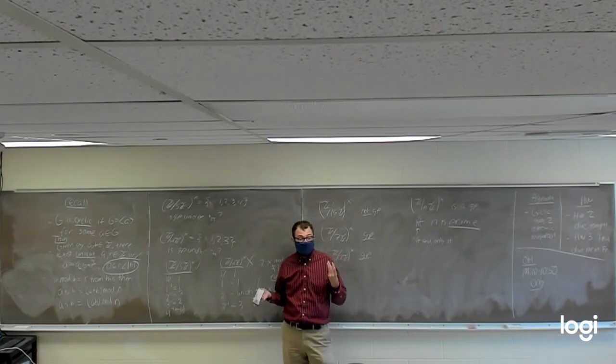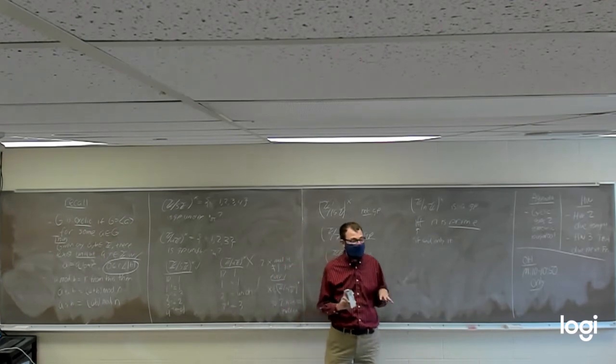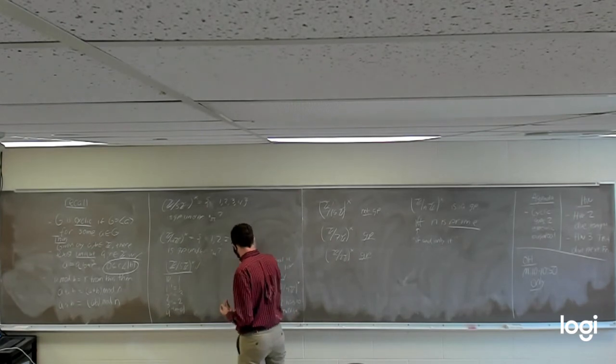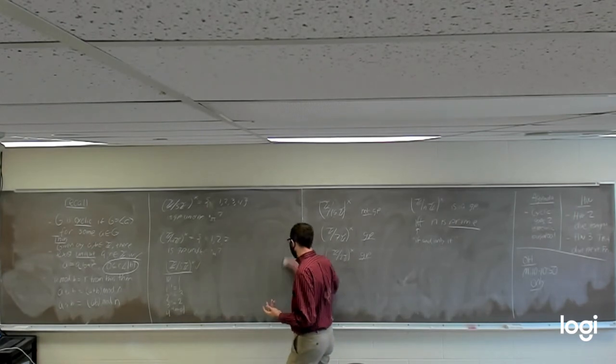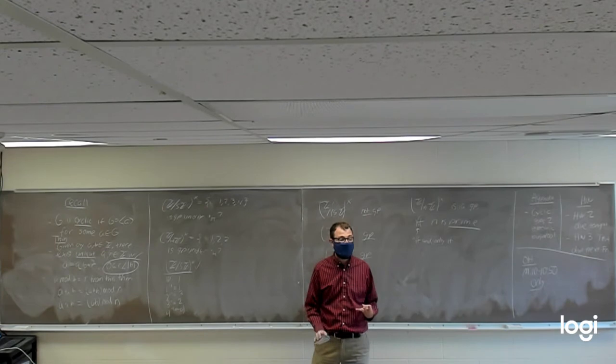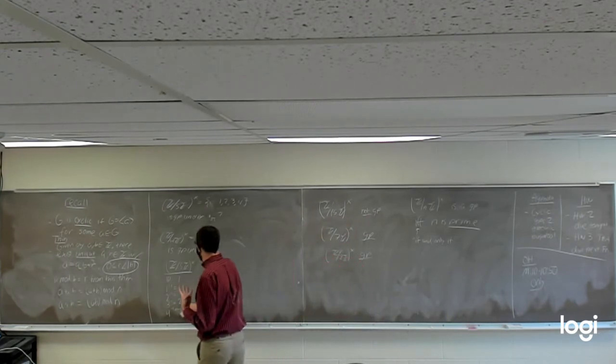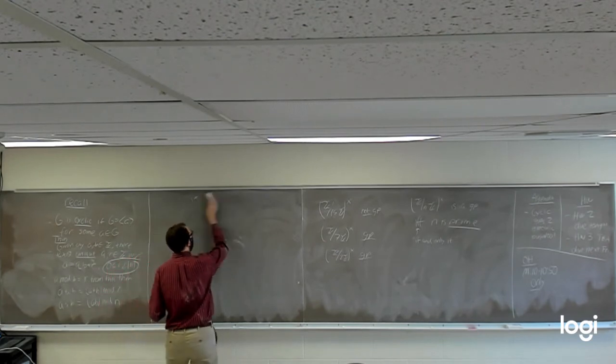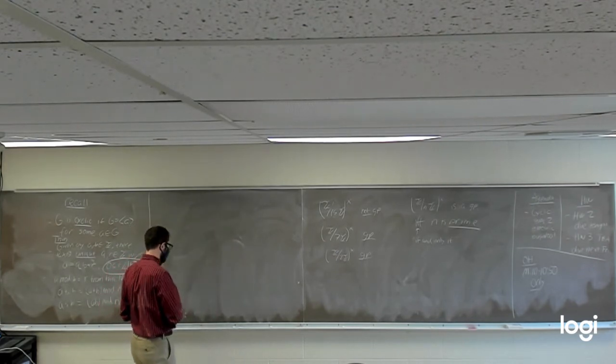It turns out all you have to do is take away everything except the numbers that are relatively prime to n. And this is going to be called the group of units mod n.